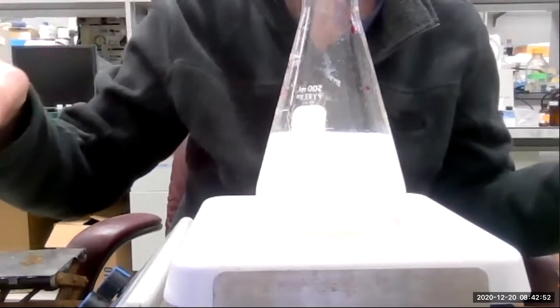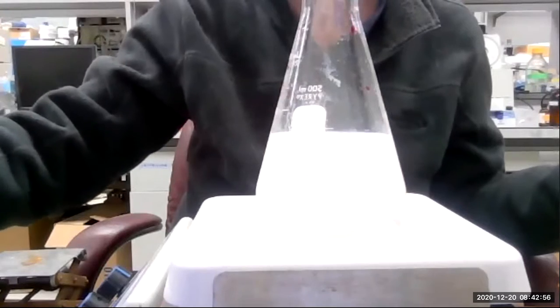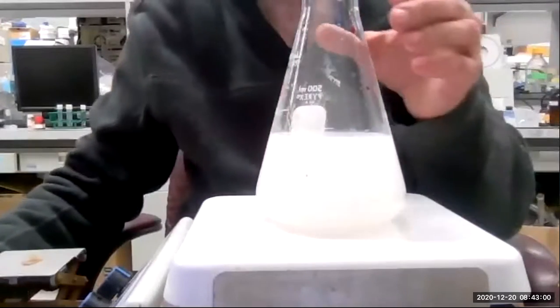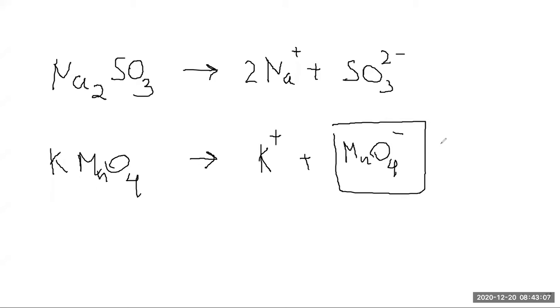The color has totally disappeared. No color at all. So the question: what happened to this ion? If this ion is dark violet, how does it happen that this ion disappears, the color disappears?